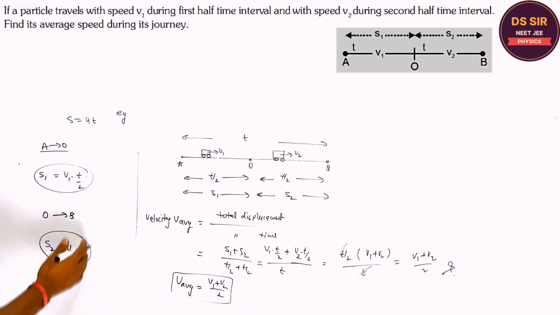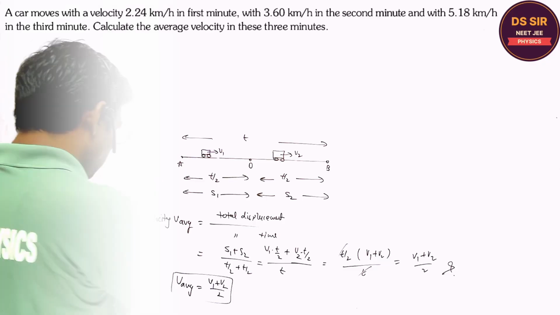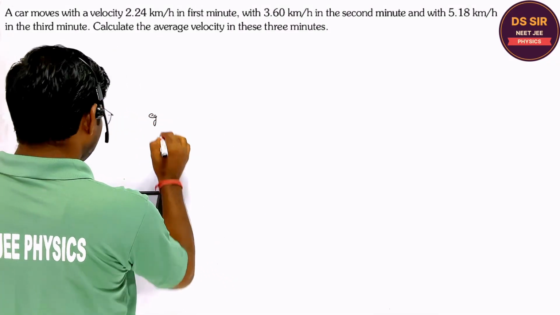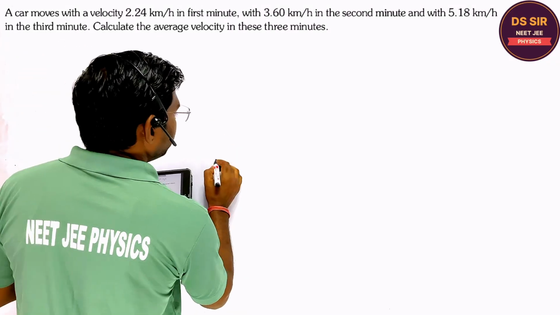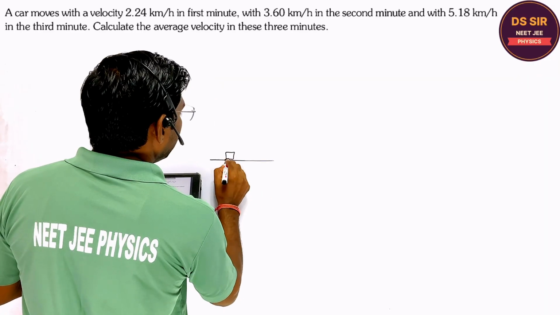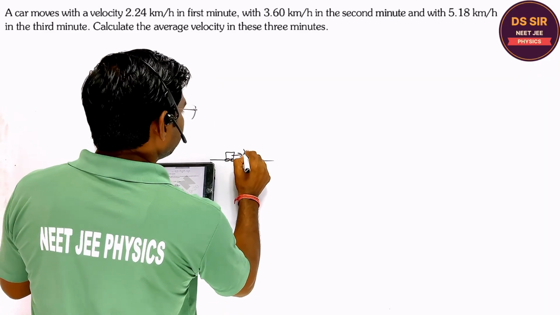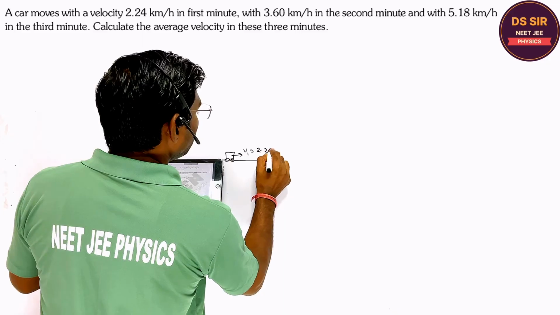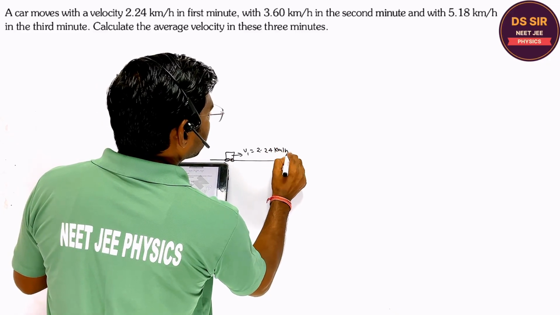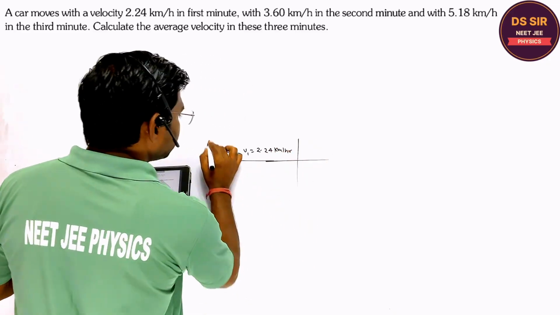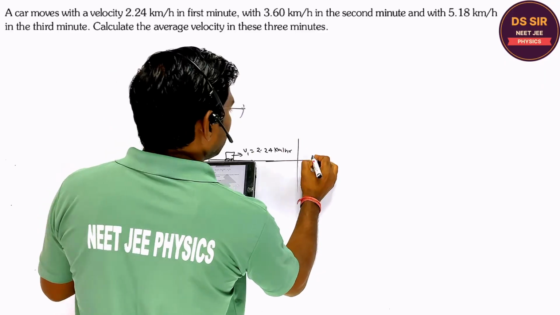All right, copy this. Read this question. In this question, a car moves with a velocity in the first minute. This is the first minute, and the velocity of the car is V1 equal to 2.24 kilometer per hour. In the second minute, what is the velocity?